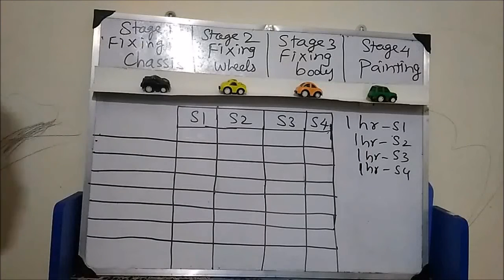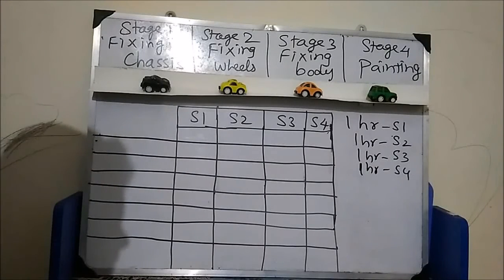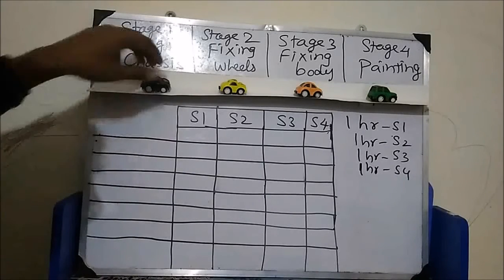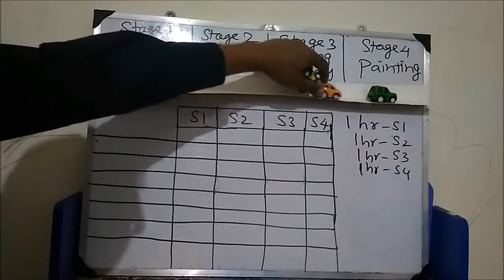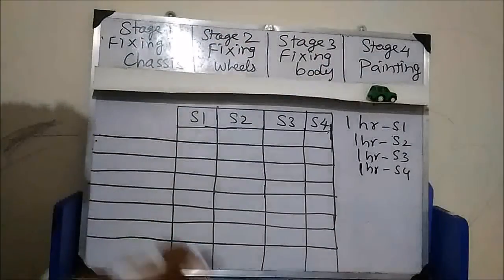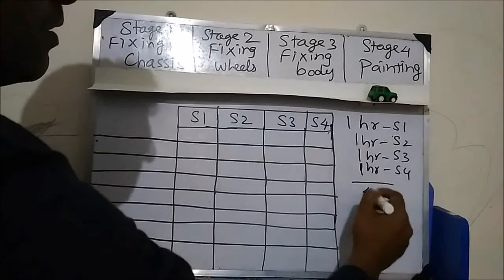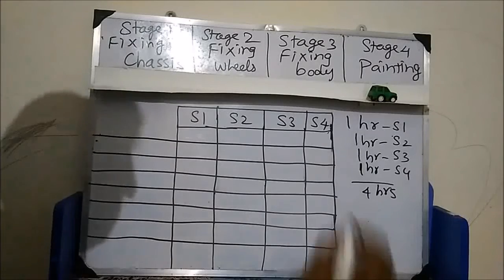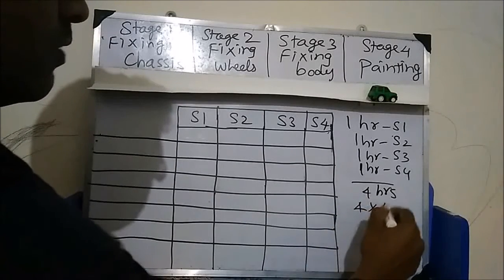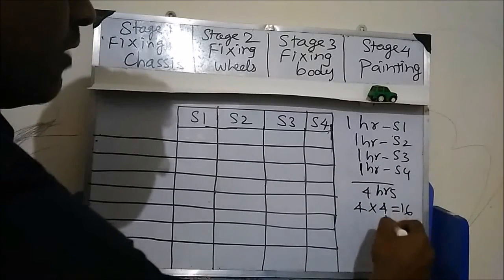Now if I follow the normal execution, that is nothing but the sequential execution, each car takes 4 hours for execution. So if I want to assemble 4 cars, 4 into 4, I need 16 hours.